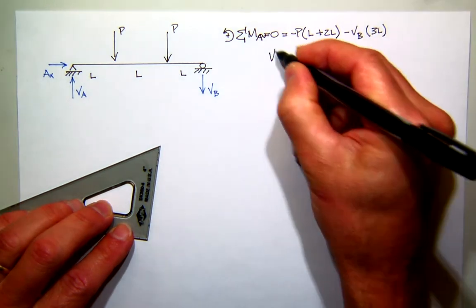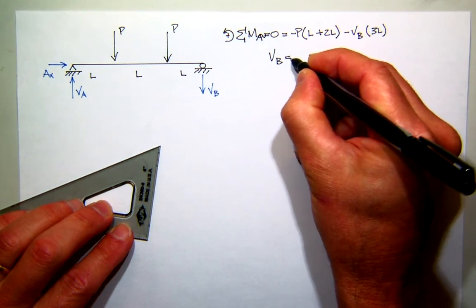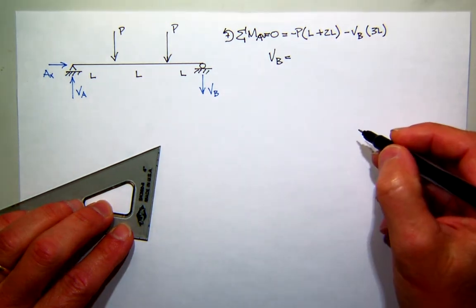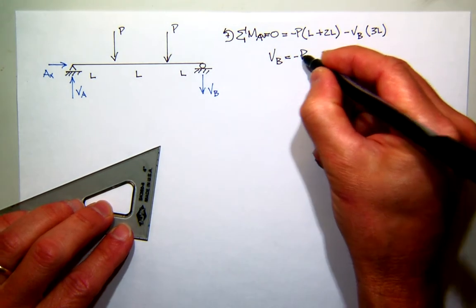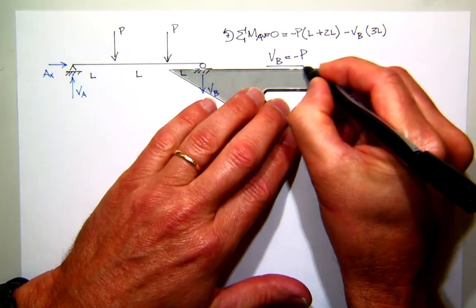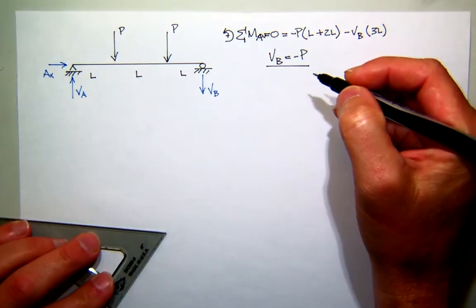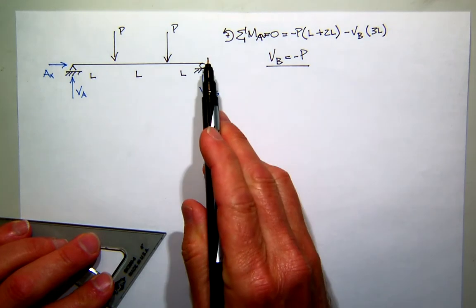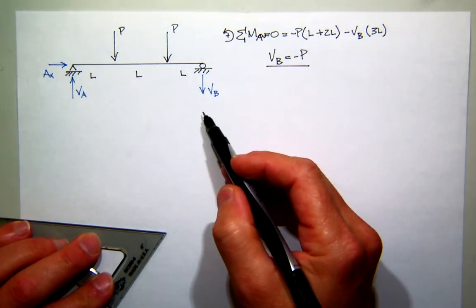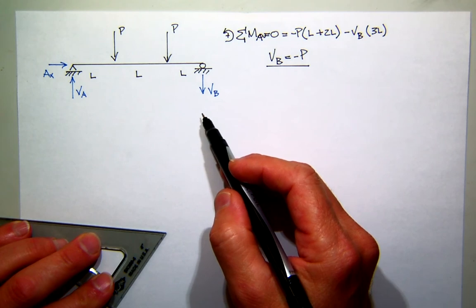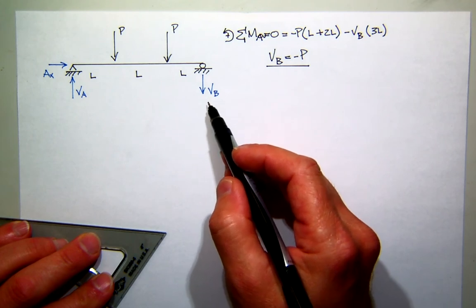So when I solve for the shear at B, I get negative P. So it means it's P, and it's actually up. But that tells me, though, at B, when I draw my shear diagram, what should the value of shear be at B?